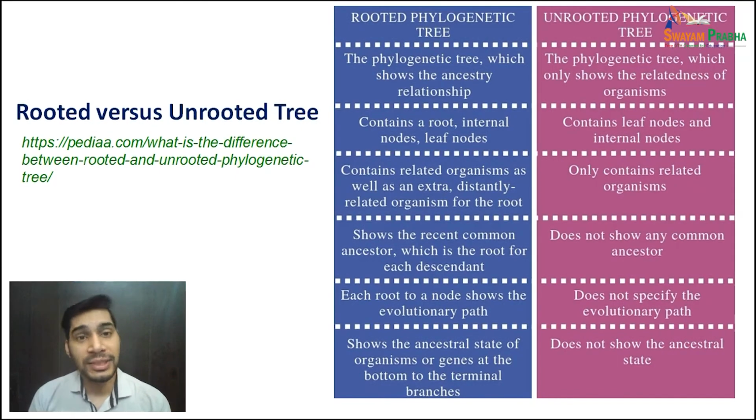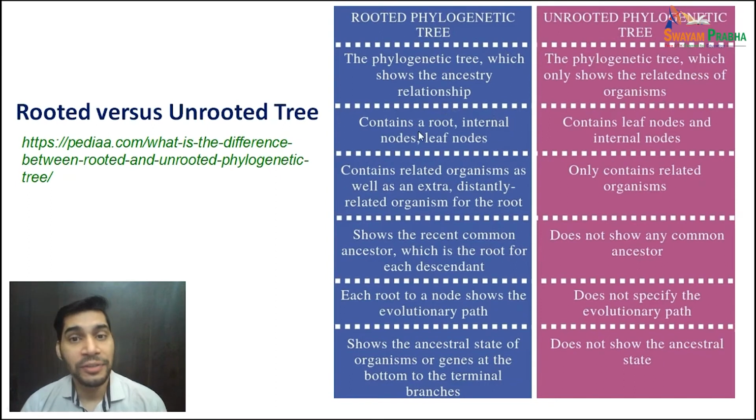The trees can also be differentiated as rooted or unrooted trees. A rooted tree shows the ancestry relationship, whereas an unrooted phylogenetic tree only shows the relatedness of the organisms. It does not talk about the ancestral relationships.